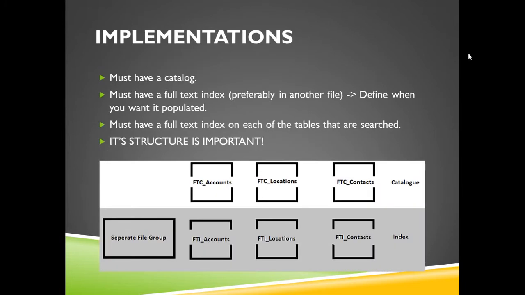Okay, so what does it take to implement a full text engine? First, you must have a catalog. As of 2008, a catalog is an abstract concept. Catalogs contain indexes, and indexes are actual physical entities, not logical like catalogs, in 2008. And they could have their own separate file group.